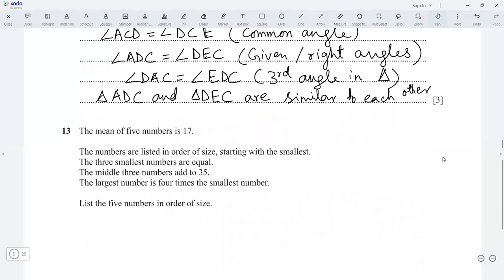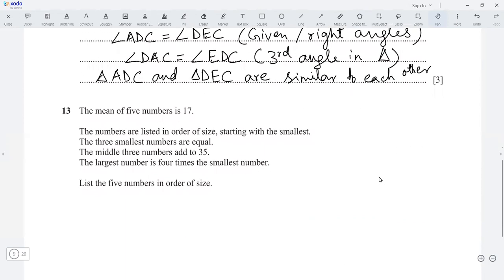In the next question, they are saying that the mean of five numbers is 17. When the mean is 17, the information given is that the numbers are listed in order of size, starting with the smallest. The three smallest numbers are equal. We say that they are x, x, and x.